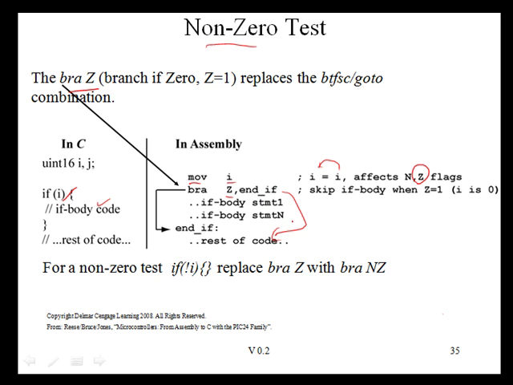We're going to skip around this if body if I is equal to 0. If I is not 0, this branch is not taken, and we're going to execute the if body. Notice that there's only one change of control here instead of the 2 changes of control required by using the bit test skip if clear instruction.